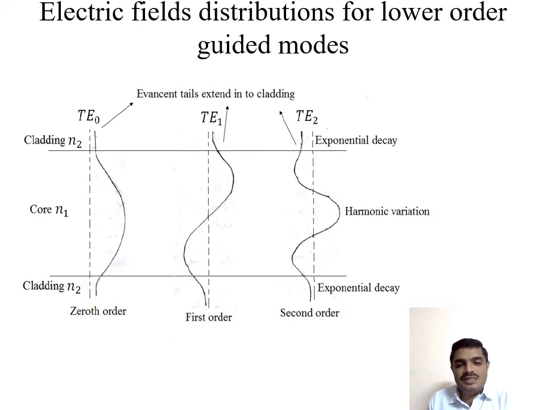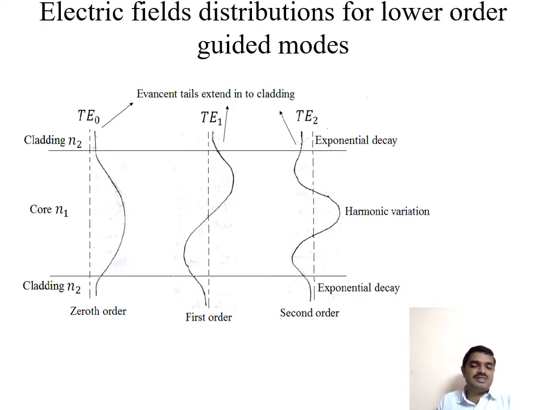So in a nutshell, taking the concept of the order of the mode, zeroth order, first order, second order, the order of the mode is equal to the number of field zeros that exist. While shifting from one order to another, it should meet the zeroth position. That is why we represent the order of the mode as equal to the number of field zeros. The order of the mode is also related to the angle of ray congruence.